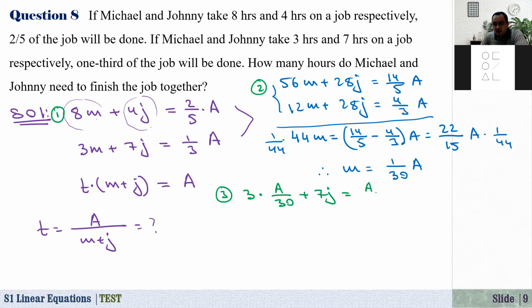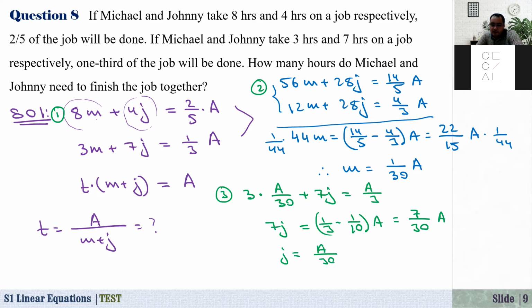On the right-hand side we have A over 3. So 3 times A over 30 is A over 10. Take it to the right-hand side: 7J equals 1 over 3 minus 1 over 10. A is a common factor, so 10 minus 3 is 7, 7 over 30 A. So from here, J is equal to A over 30.